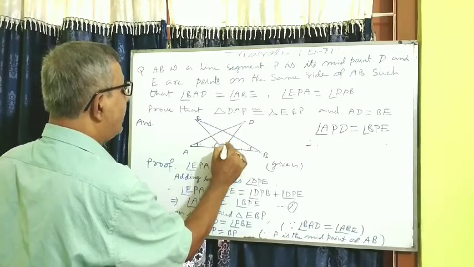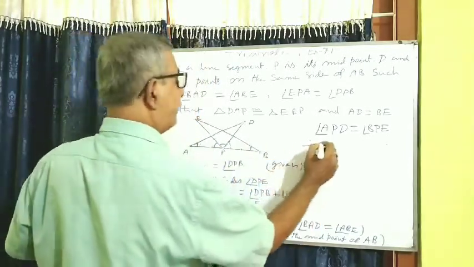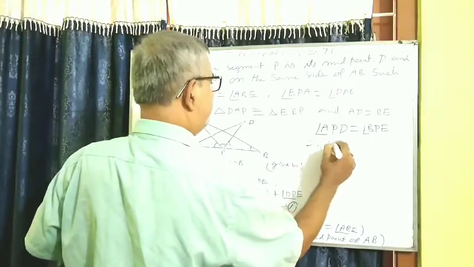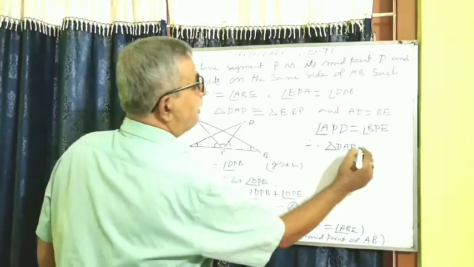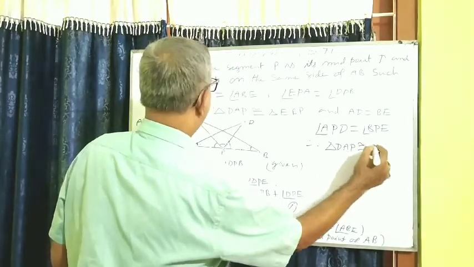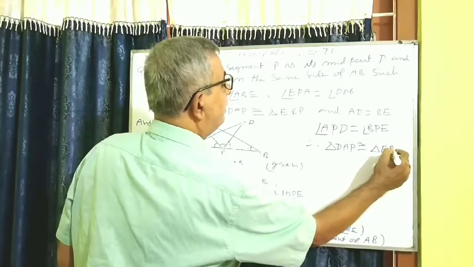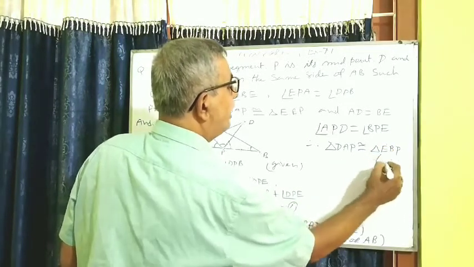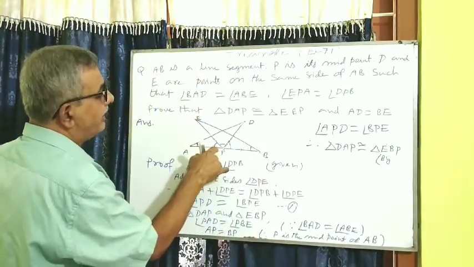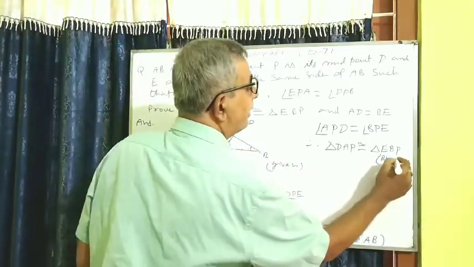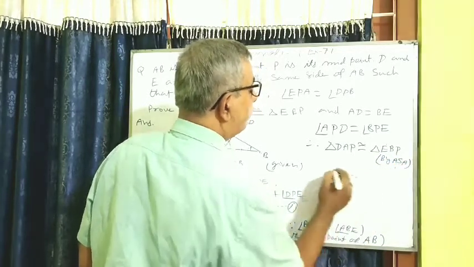That means you are getting these two triangles equal. Therefore, triangle DAP is congruent to triangle EBP by the ASA postulate, angle, side, angle.